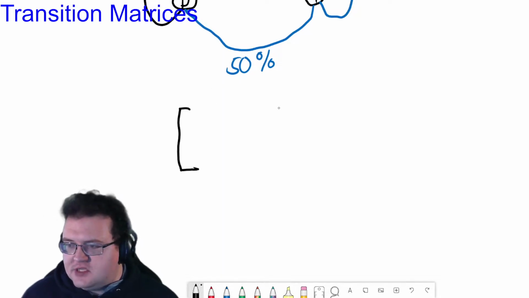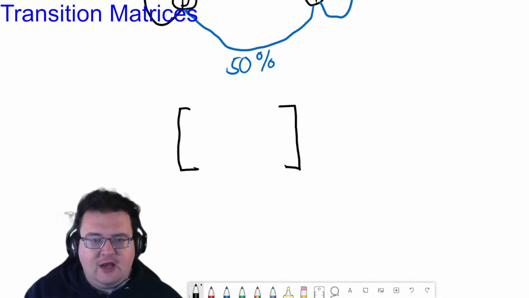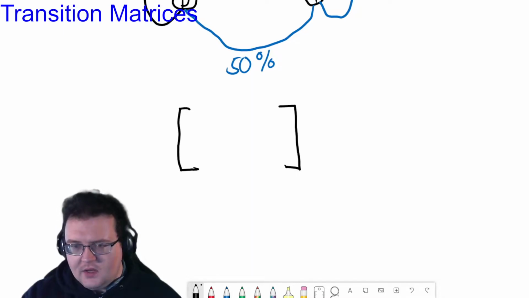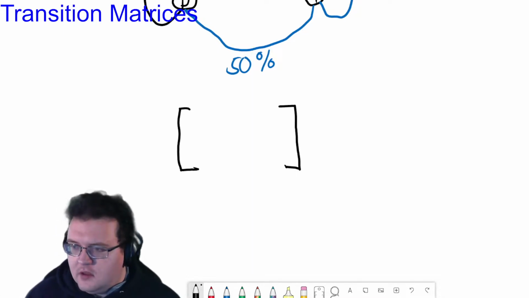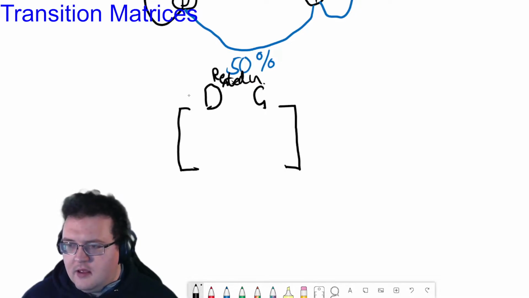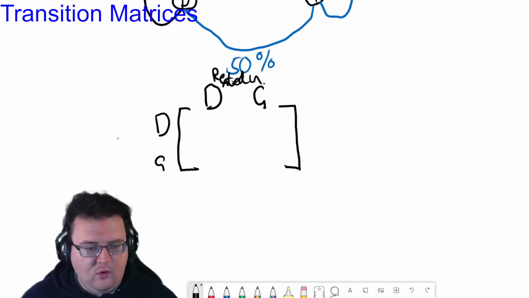So I'm going to set up a 2x2 and describe it by saying: rented in Dandenong, rented in Geelong. These are the places that the car was rented in. And then here are going to be D and G for where they were returned.